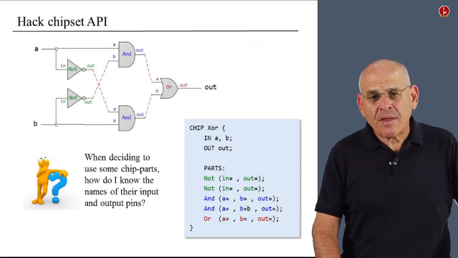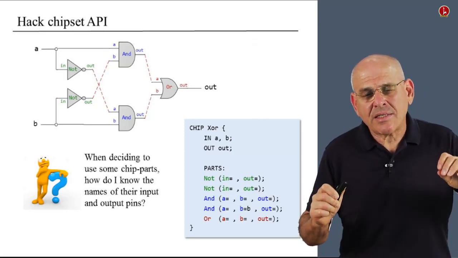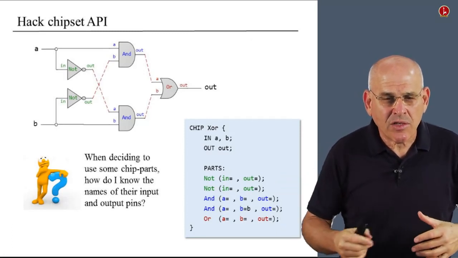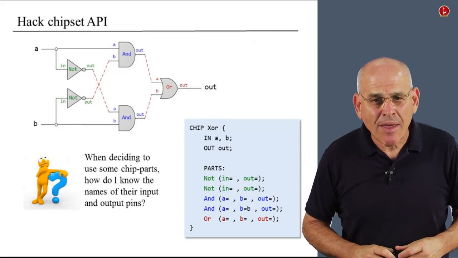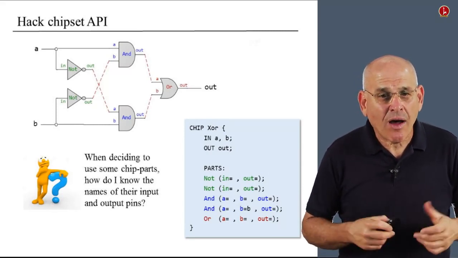Well, the answer is that if the gates that you use are so-called off-the-shelf gates, or if they are part of the Hack Chipset API, we provide all the necessary information about how to use them.